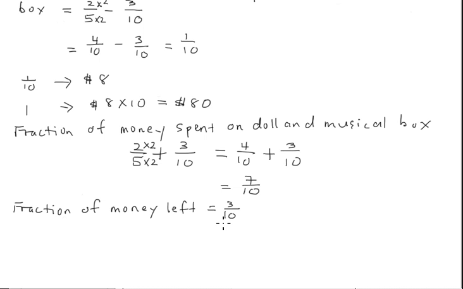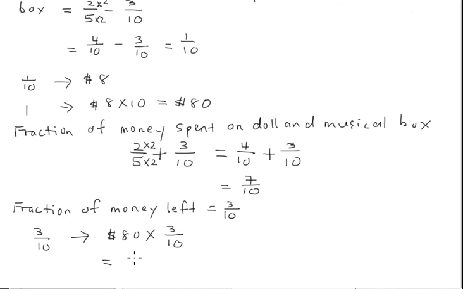Right? So now you look at this part here. One whole, 10 out of 10, is $80. So 3 out of 10 is how much? Now I want to find 3 out of 10. 3 out of 10 is equivalent to 80 times 3 over 10. And this will give me, 80 divided by 10 is equal to 8.